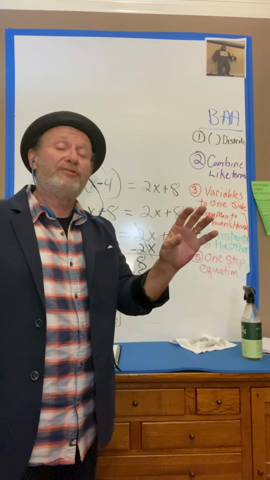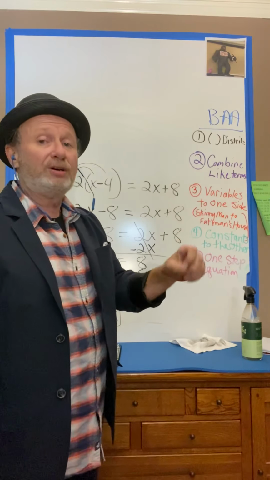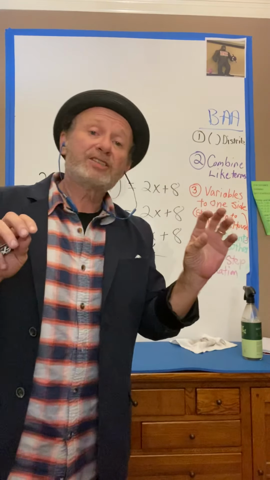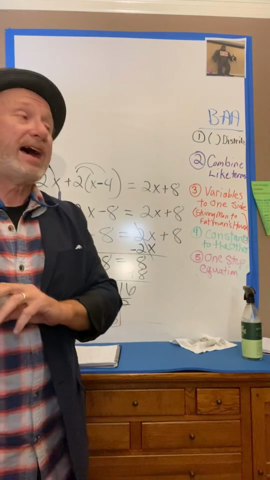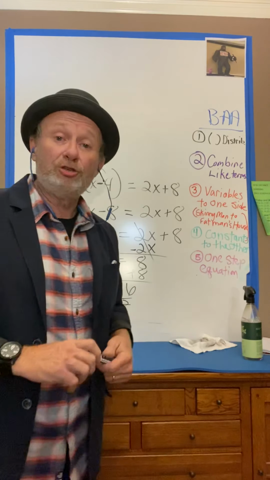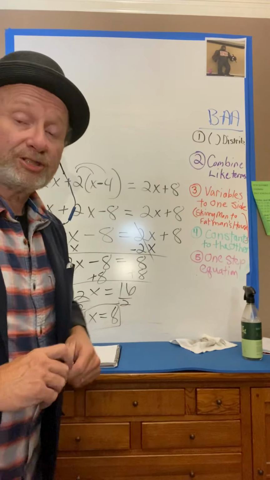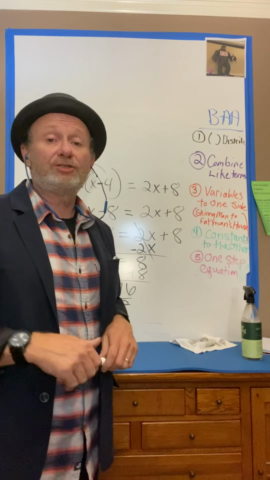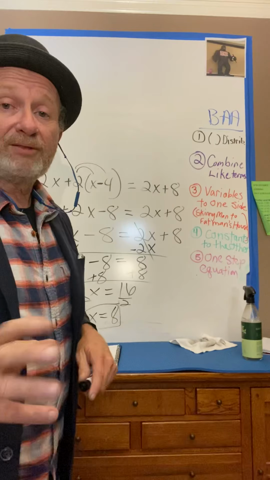Take this lower value variable, move it to the bigger value variable. After that, you're going to move the constants away from the variable to the other side. And last but not least, it should be by then a one-step equation. You will solve it. If there's fractions, then either leave it as a reduced improper fraction or you can make it a mixed number.